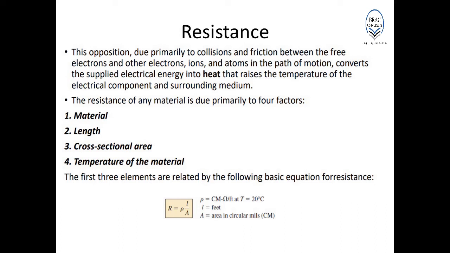The resistance of any material is due primarily to four factors: material, length, cross-sectional area, and temperature of the material. The first three elements are related by the following basic equation. That is, resistance is equal to resistivity times length divided by area.